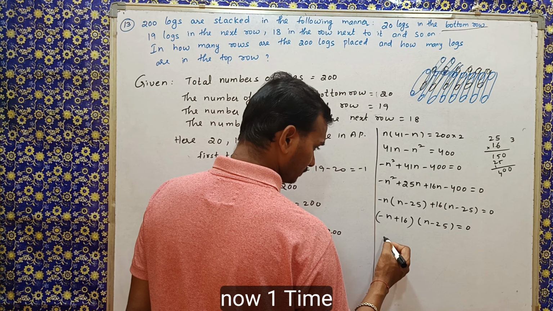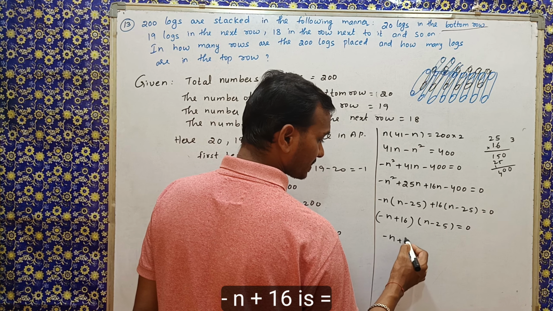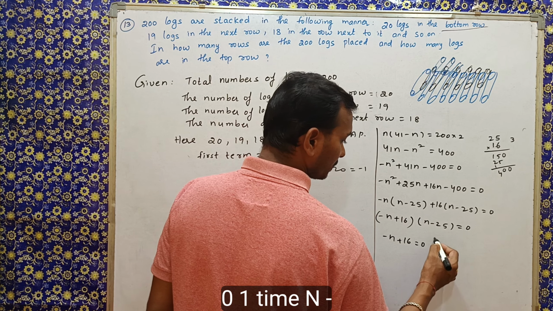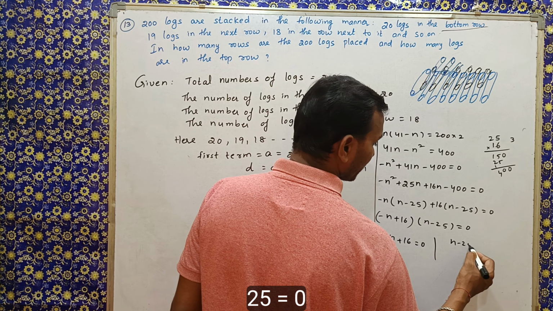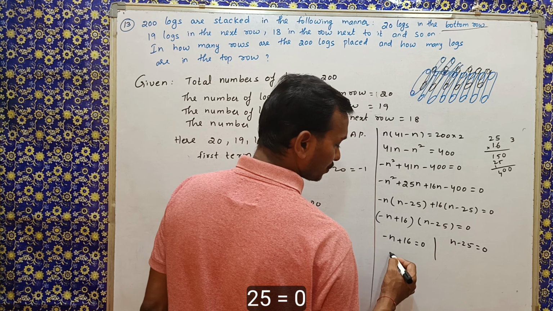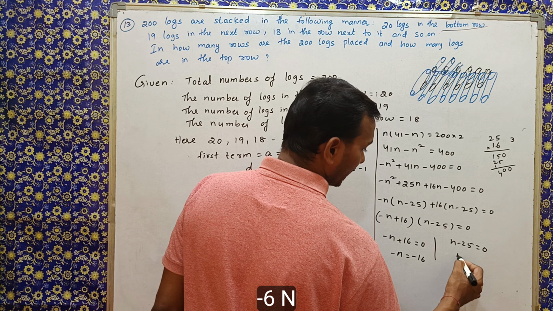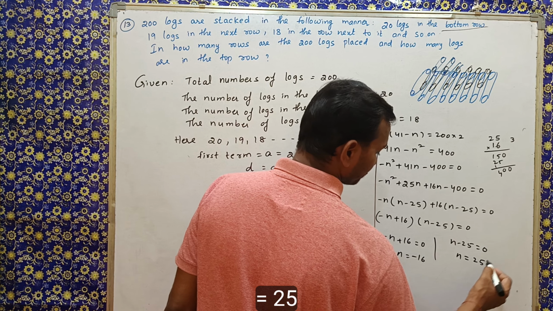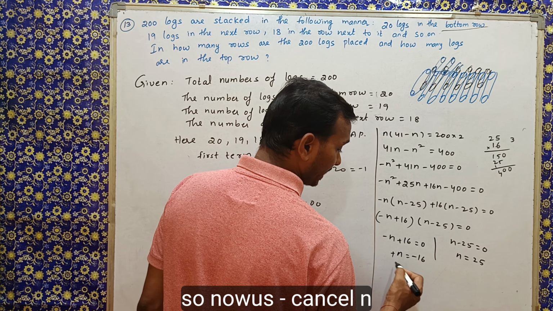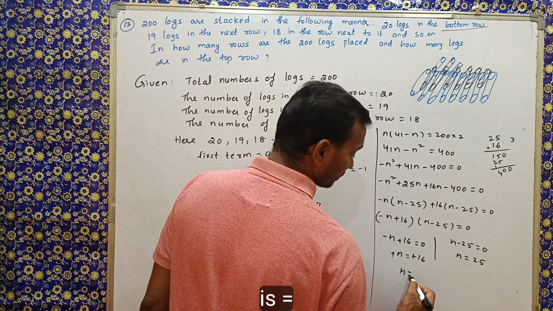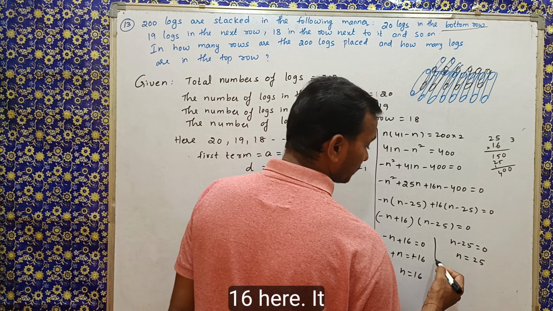So now one time minus n plus 16 is equal to 0, one time n minus 25 is equal to 0. So minus n is equal to minus 16, n is equal to 16. And n is equal to 25.